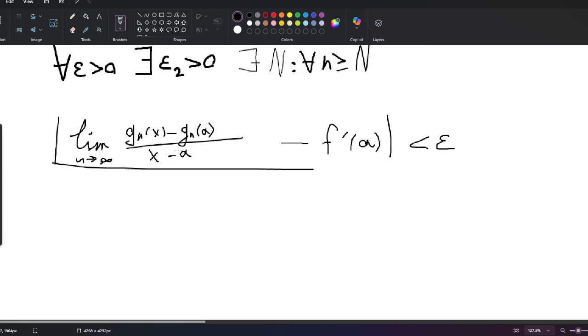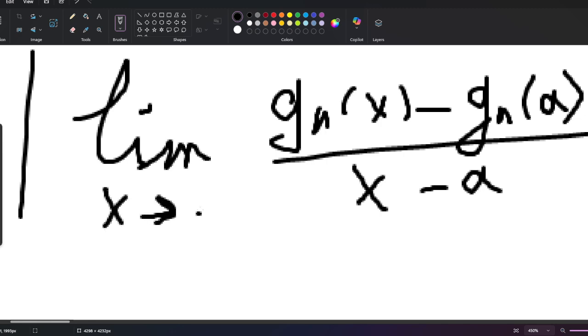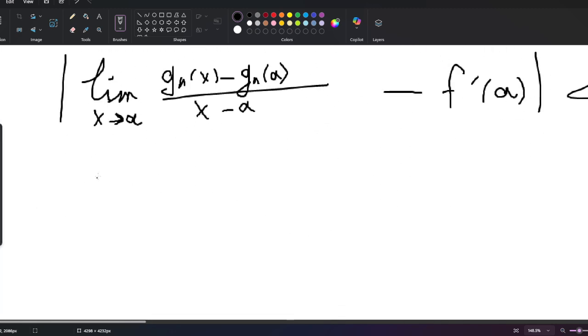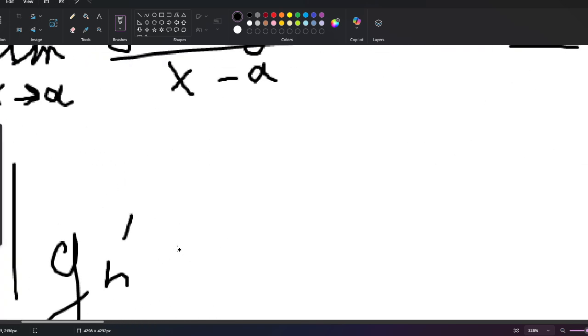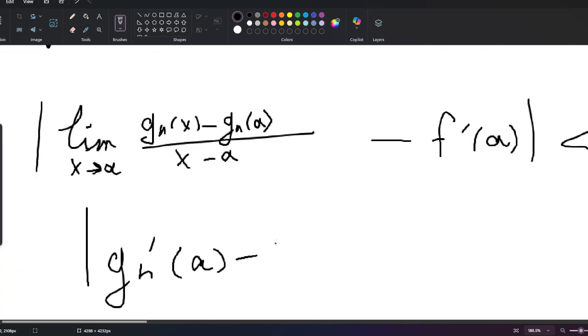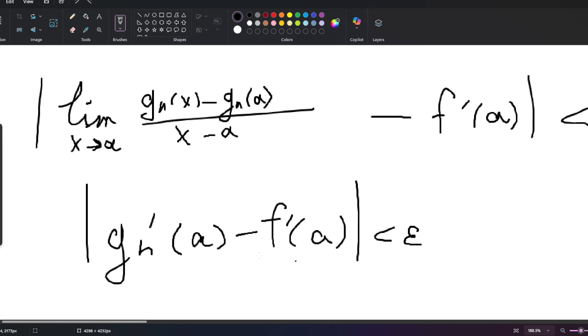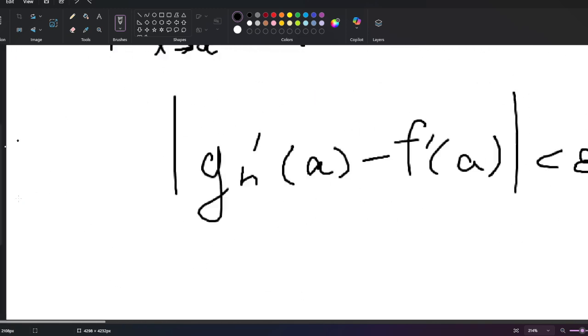Now this, not this, wait, I meant as x approaches a over here. So what we have here is g n prime of a minus f prime of a is going to be less than epsilon for sufficiently large n.